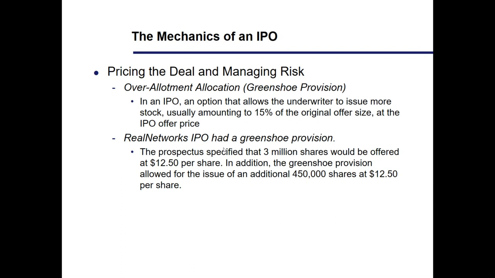In that case, the underwriter, the investment bank, can make more money by issuing more stock than they expected. Obviously, the company will also get more fundraising than the amount they originally planned.